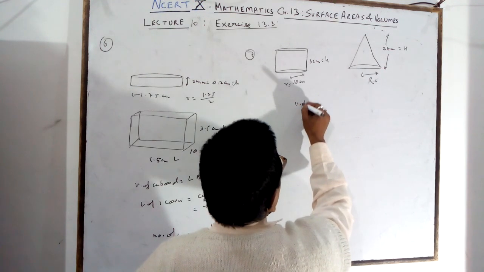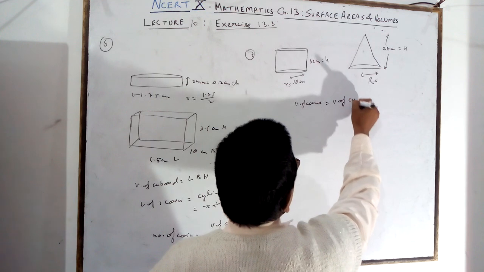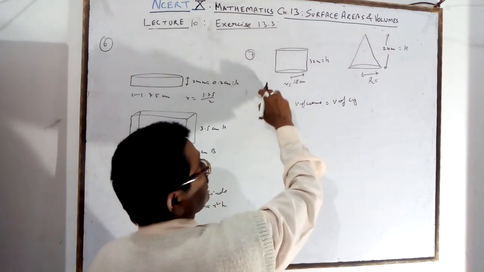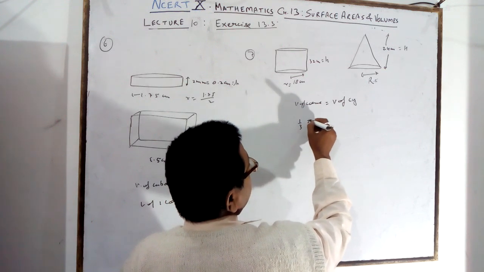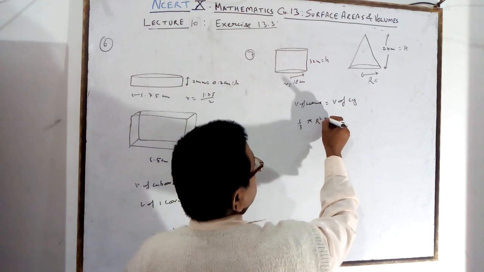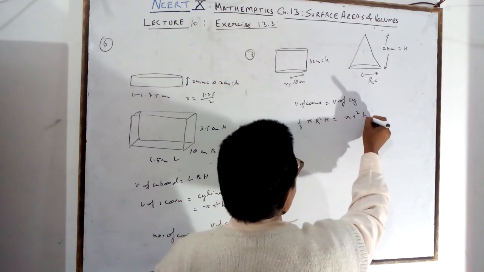So volume of cone is equal to volume of cylinder: 1 by 3 pi capital R square capital H equals pi small r square small h.